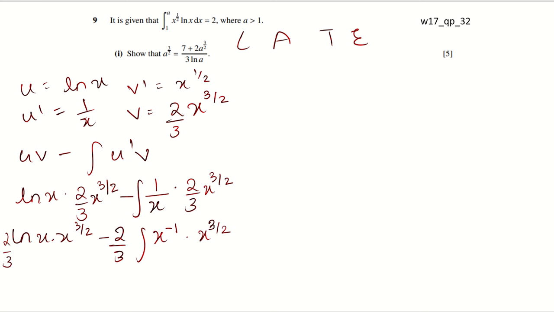If you multiply x^(-1) with x^(3/2), you will get, one minute, I'll calculate it, x^(1/2). Okay, so you'll have to integrate that.